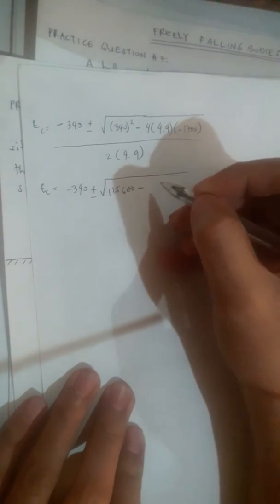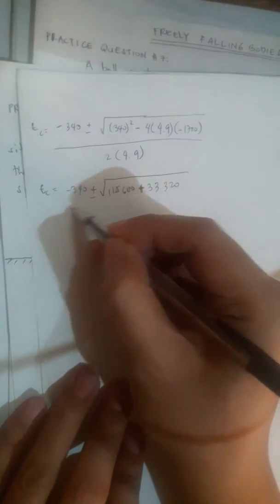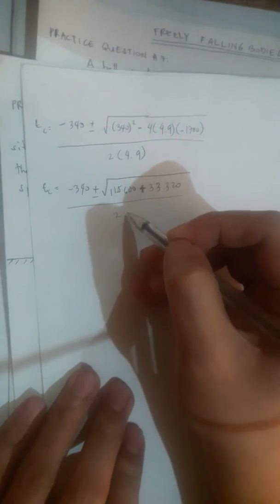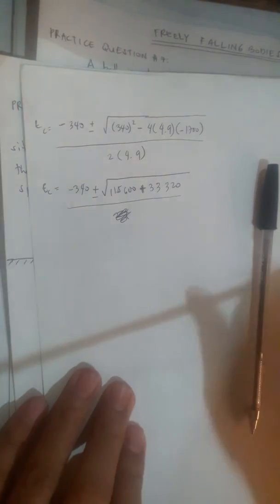So that's, since minus times negative, magiging positive na to. 33,320. Okay. All over 2 times 4.9. Ano ba yung 2 times 4.9? That's 9.8.